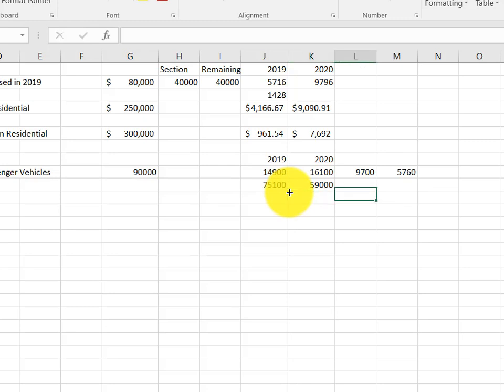That much left to depreciate after year 2. And it's going to take us approximately 7 more years to fully depreciate this passenger vehicle.